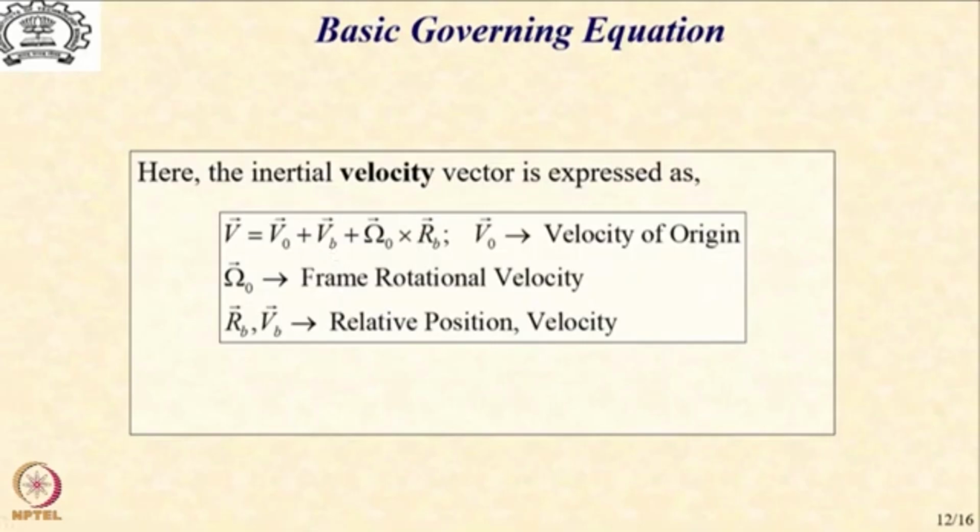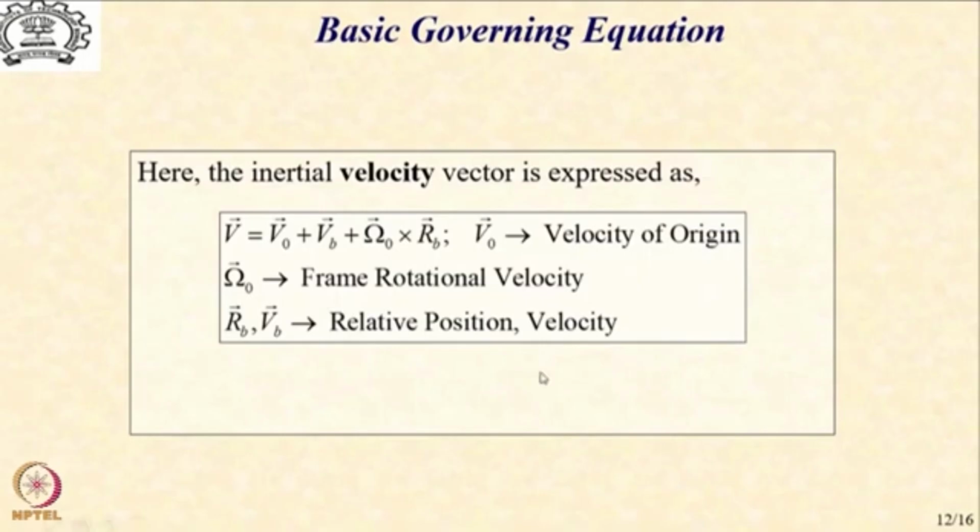Vb is the velocity of the vehicle in the chosen coordinate system, and omega represents the rotational velocity of the chosen coordinate system, and Rb represents the position of the vehicle in the chosen rotating frame of reference.